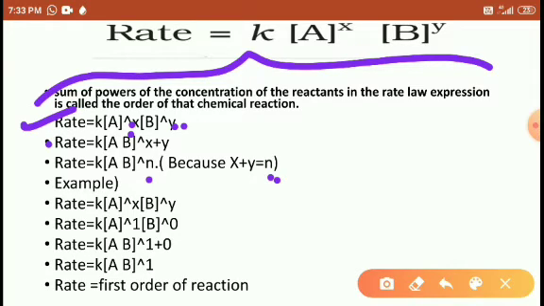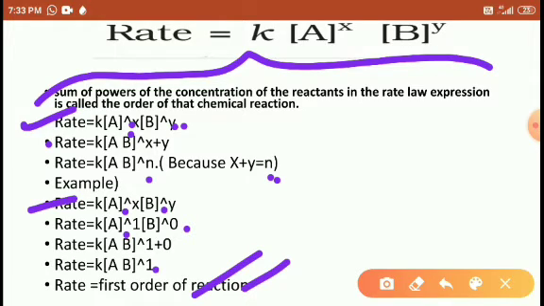For example, the rate is equal to K into concentration of A to the power X, B to the power Y. If the power of reactant A is 1 and the power of B is 0, we sum them and get the order as 1.